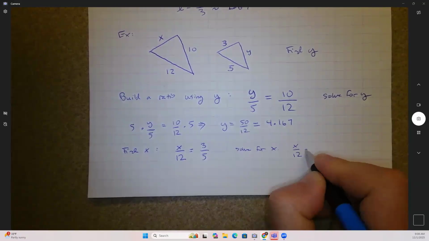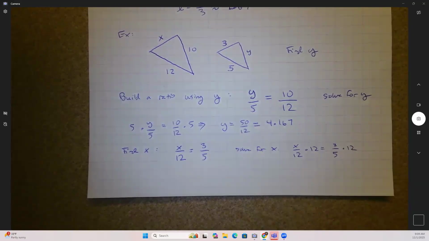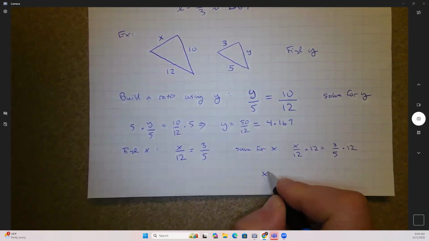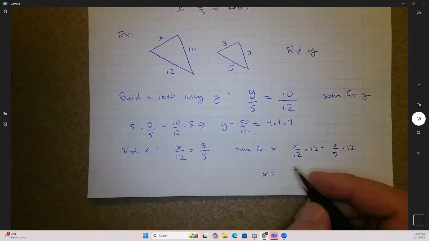If I take X over 12 equals 3 over 5, and I multiply both sides by 12, X should be 36 divided by 5. Let's get a decimal approximation, 7.2.